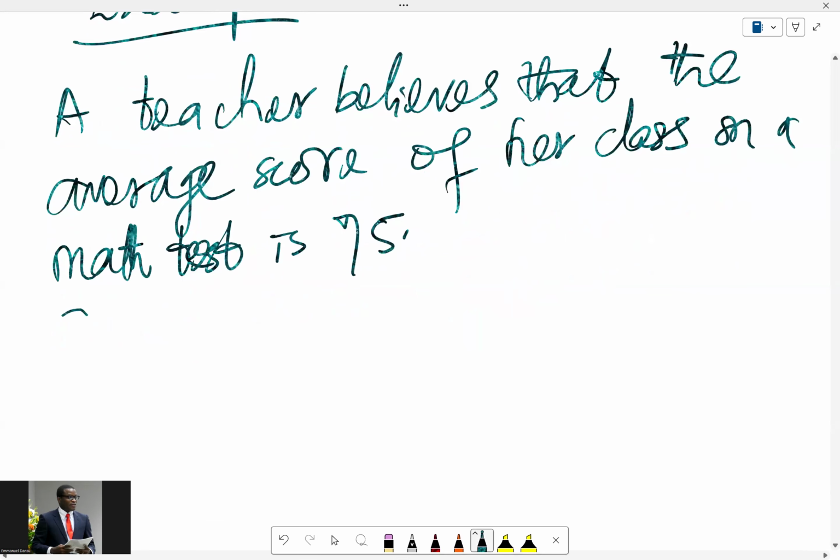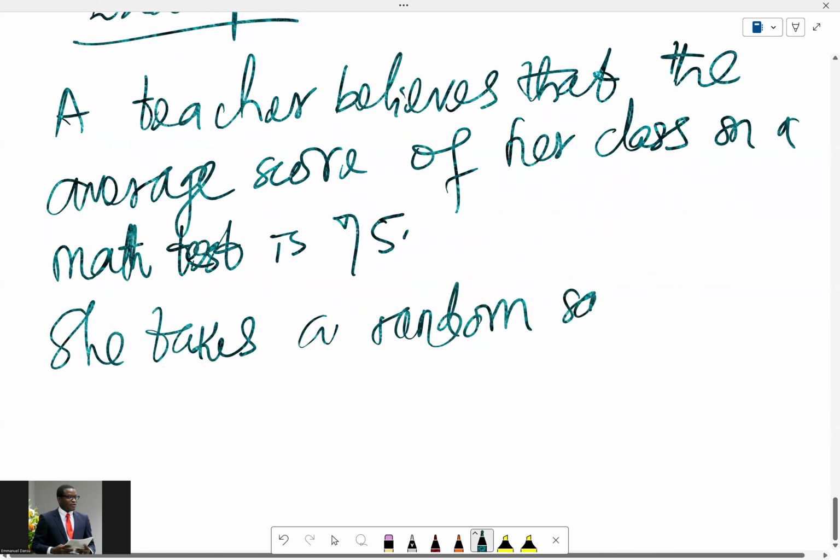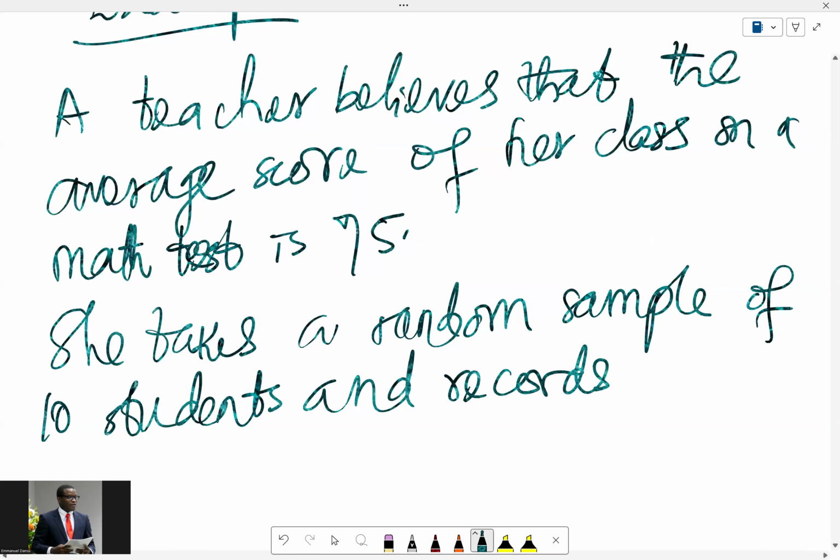Then she goes ahead, she takes a random sample of 10 students and records their scores.